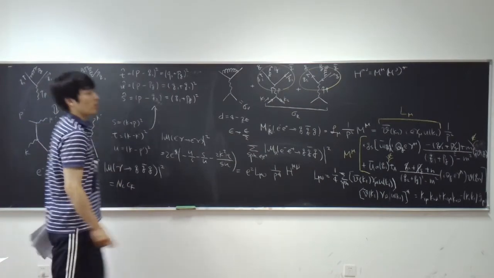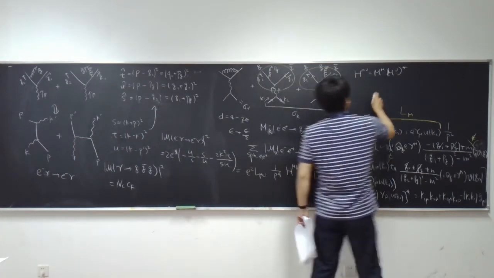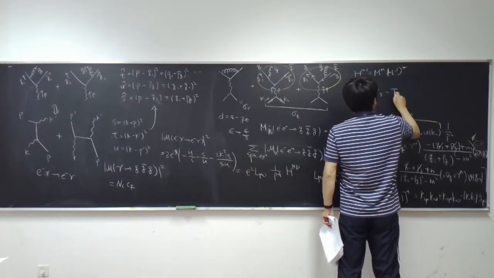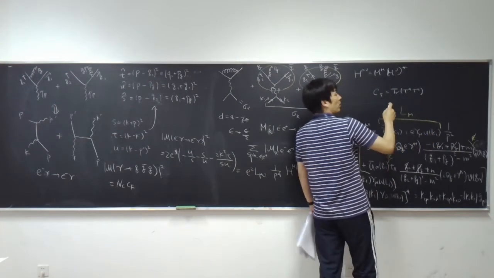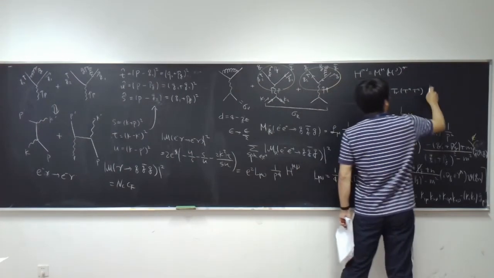Oh, and also there's one correction from last time. Last time I wrote down CF as the trace of TA TA, but you have to include one factor of NC.